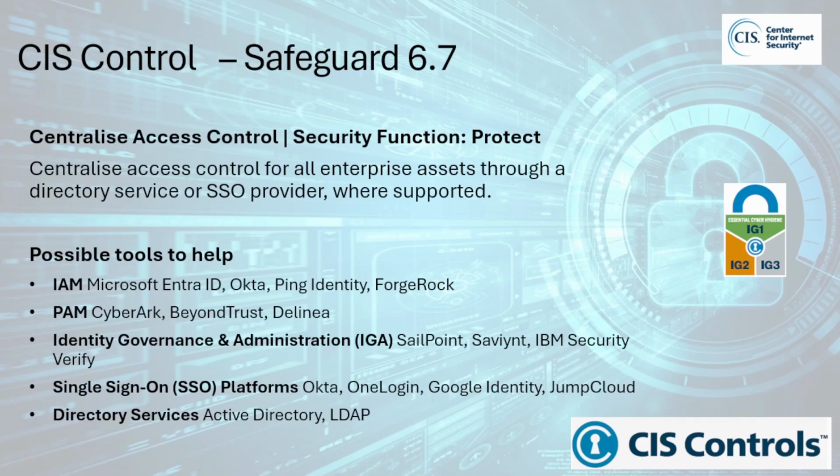Identity governance and administration, or IGA, tools such as SailPoint, Saviynt, IBM Security Verify help manage access lifecycle, roles, and compliance at scale. SSO platforms such as Okta, OneLogin, Google Identity, JumpCloud provide central access to multiple apps with unified login and policy enforcement. And directory services such as Active Directory or LDAP provide core infrastructure for managing identities and group-based access.